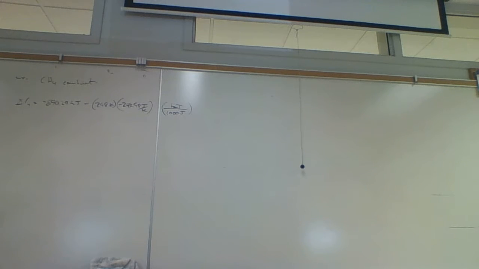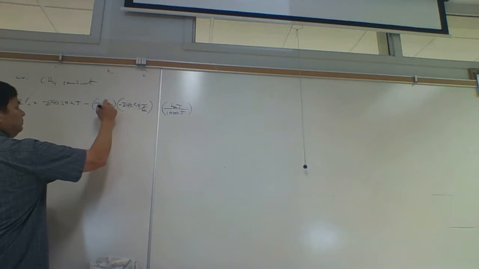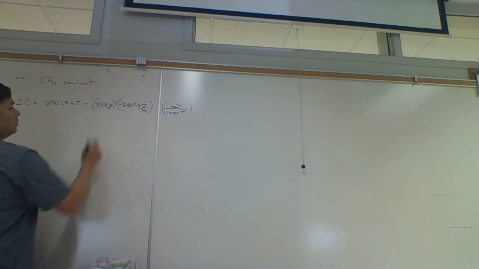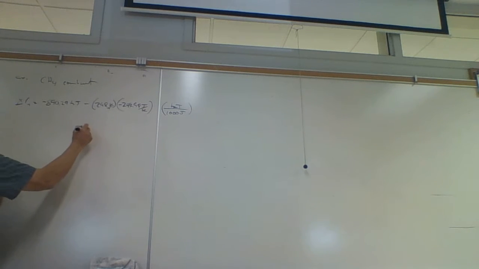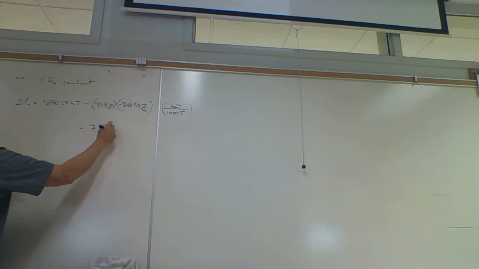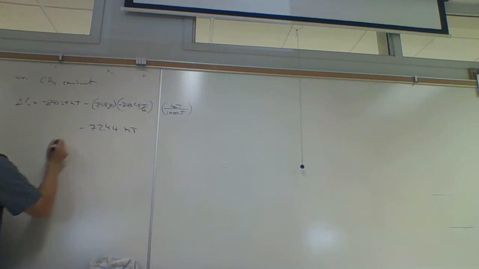We had 298. I could use 298.15 since I have more digits here. 298.15 times 242.98 divided by 1,000. And so the entropy term is minus 72.44 kilojoules.